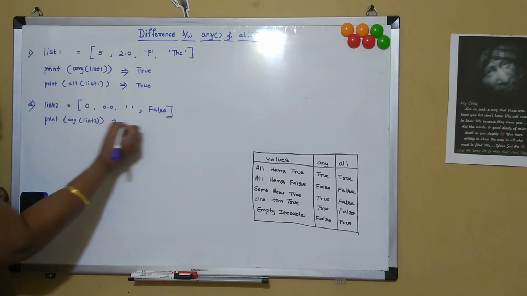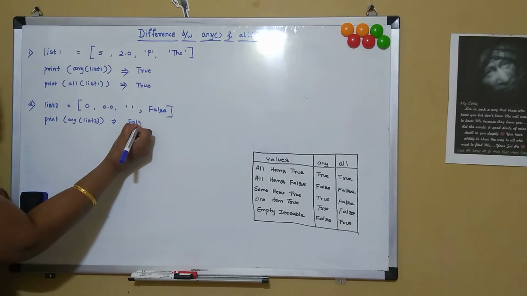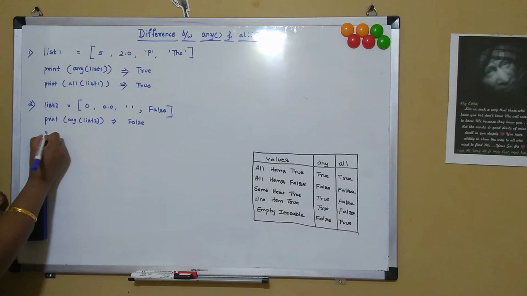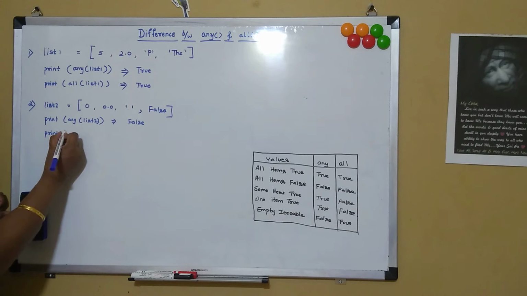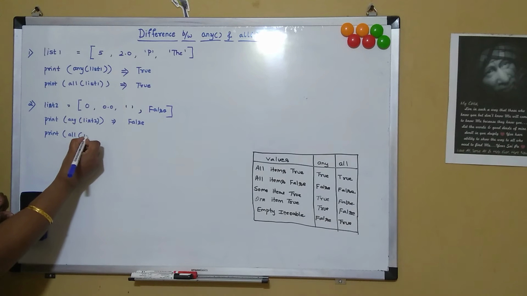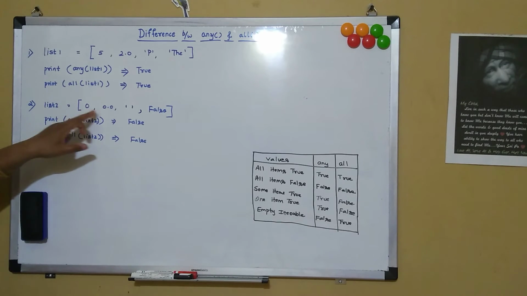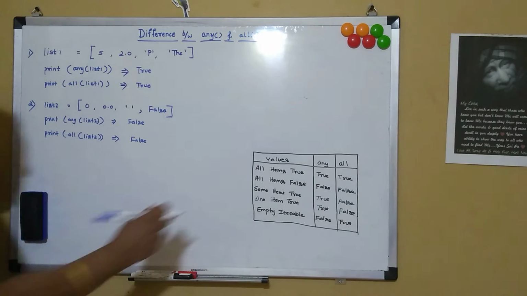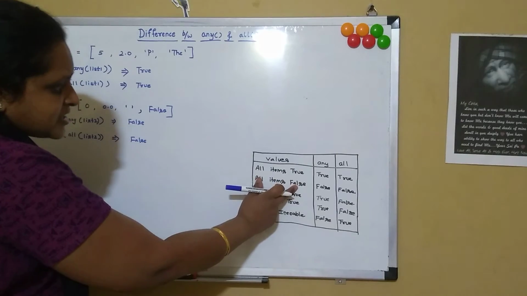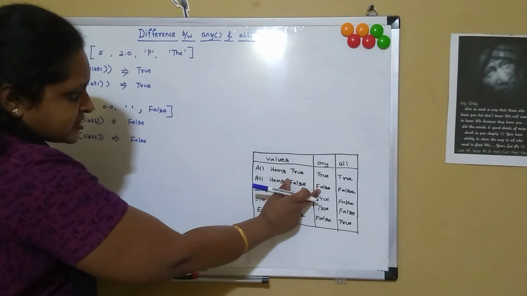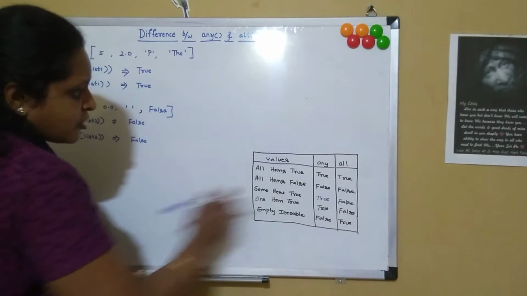It will return false. And what does all function do? Print all of list2. Even this returns false because none of the items is true. All are false. So when all items are false in the iterable, any function returns false and all function also returns false.